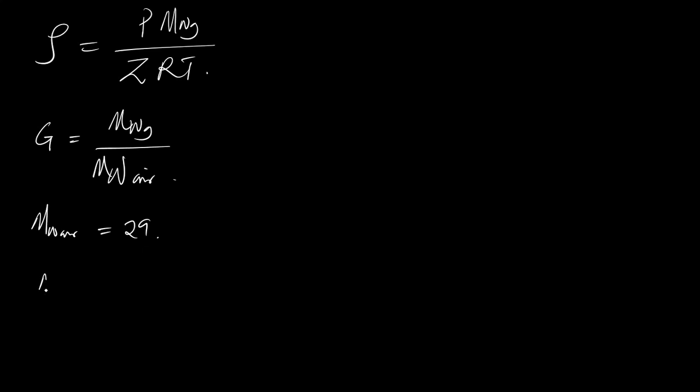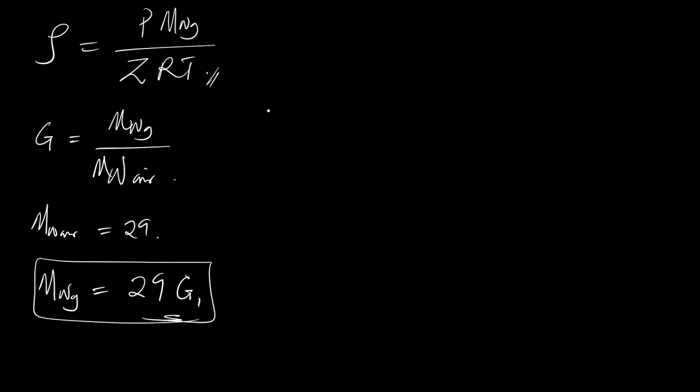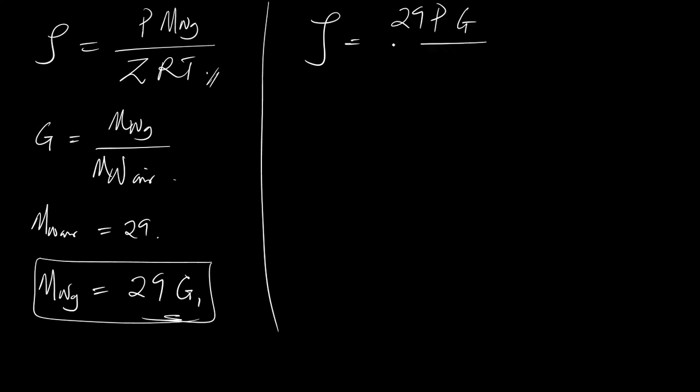That means the molecular weight of gas is equal to 29 times gas gravity. Substituting this equation into this equation here, you now have density equal to 29 times Pg divided by ZRT. Now we have gotten this expression.